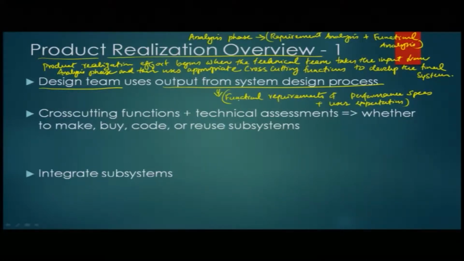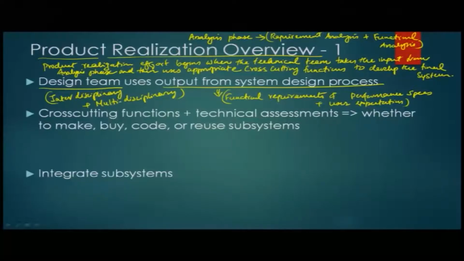Then once it is done, the design team is interdisciplinary plus multidisciplinary. So, there will be multiple experts. For example, in the UAV team, there was a person who was expert in the structures, a person who was expert in the design of the system, and a person who was expert in controls.